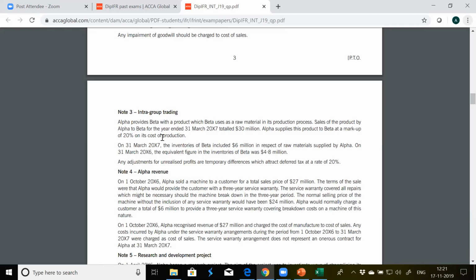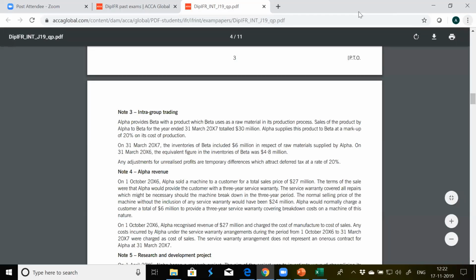If markup is 20% of cost, let cost be 100, selling price 120. So out of this 6 million, how much is the unrealized profit? 6,000 divided by 120 into 20, 1,000 is the unrealized profit in case of 6 million. And how much is the unrealized profit in this 4.8 million, which was the opening balance?